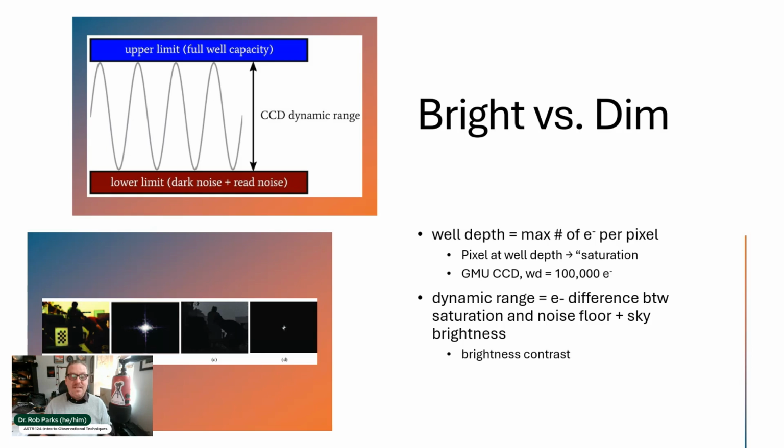If you exceed that range, you have two options. You're going to either not see the dim star if you want to see the bright star, or if you want to see the dim star, then you have to saturate the bright star. So if the brightnesses of these two objects are beyond the CCD's dynamic range, then you cannot get good data on both objects at the same time in the same image.